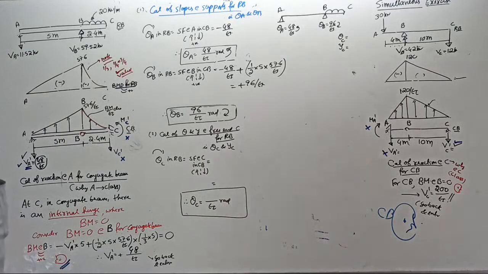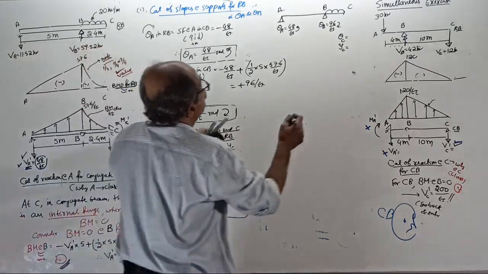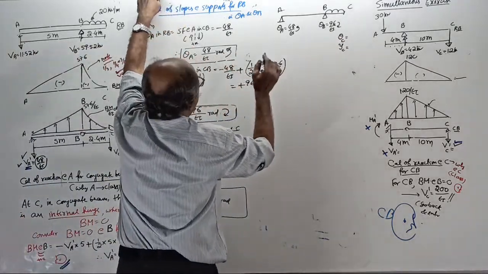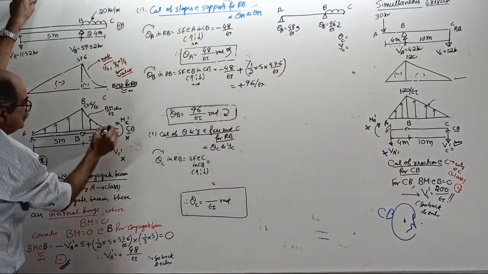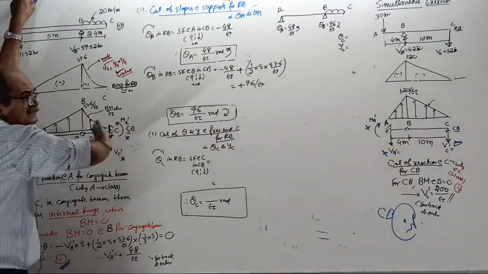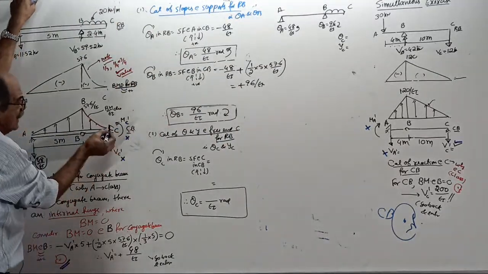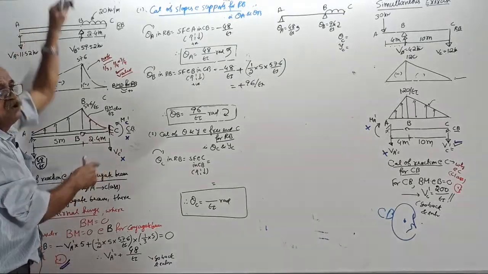Okay, start. Now, this is B. I want the slope at C in the real beam, which equals the shear force here. Don't look that side. If you come slightly inside, this is the shear force.